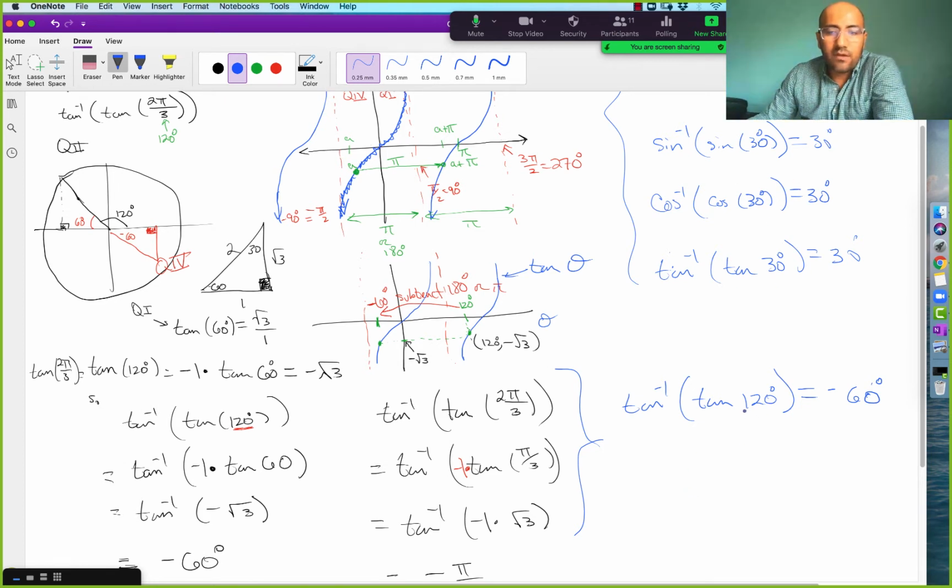But this one's not in quadrant 1, and it turns out to give you an unexpected result. It's initially unexpected, but once we know how it works, it becomes expected, and then we can work with it. If I really did want a positive angle, once I do this process, I'd have to work with this to get the positive answers.